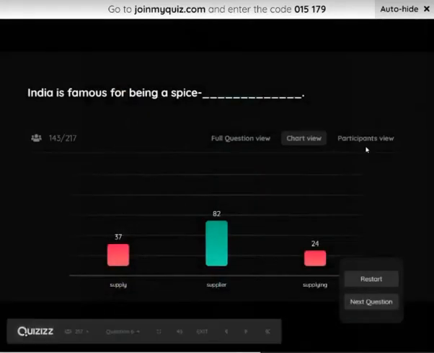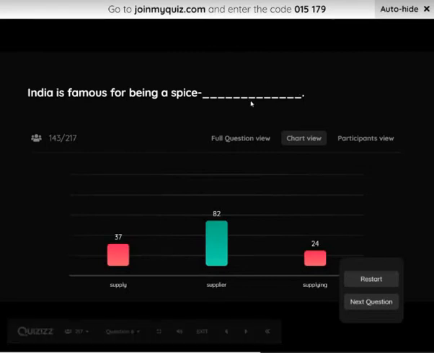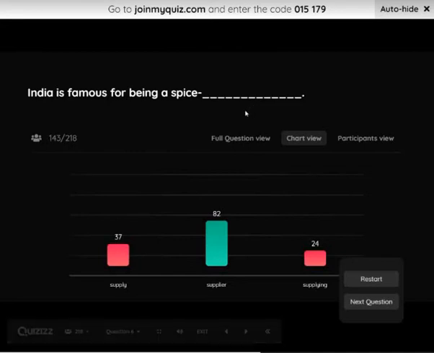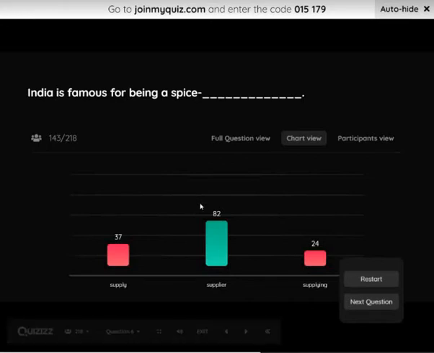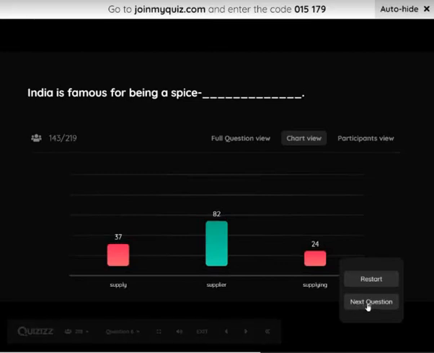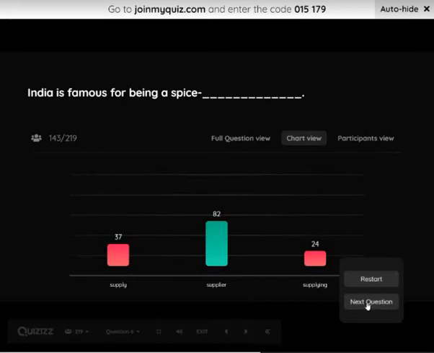And the correct answer is supplier. That's wonderful. So we need the agent noun. You can always form the agent noun from a verb by adding er, like supply, supplier, teach, teacher, work, worker, clean, cleaner. So that's how you form the agent noun from a verb in English. Just add er to the verb to make it an agent noun, اللي هو بالعربي اسم فاعل.